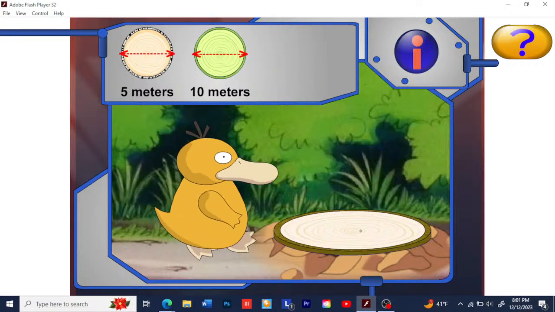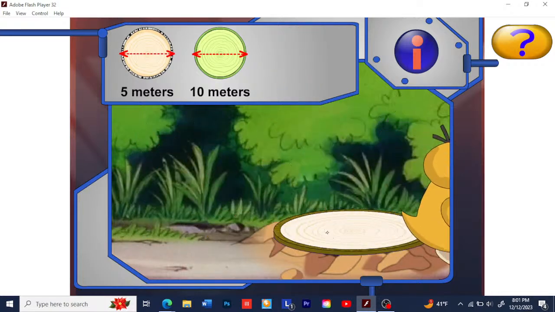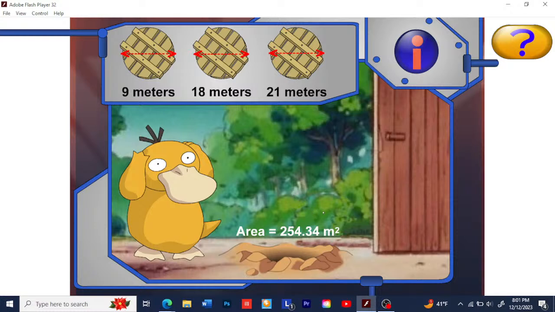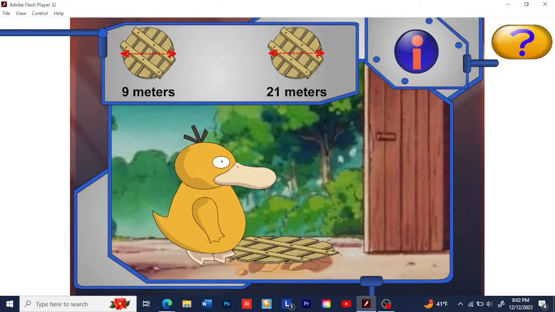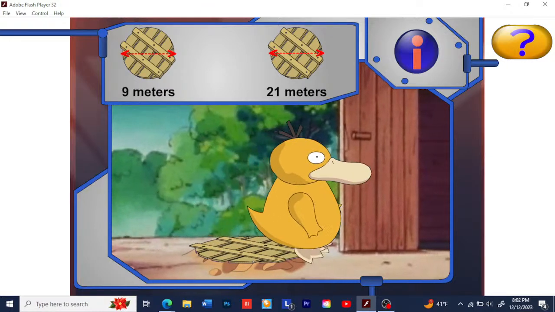Try again. Awesome! Which circle will fill the hole in the path? Try again. Excellent.